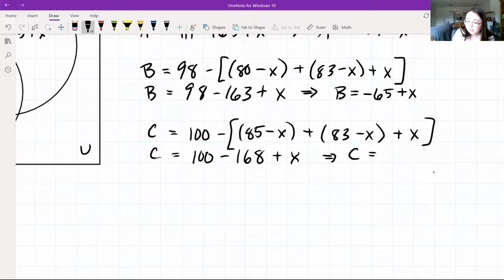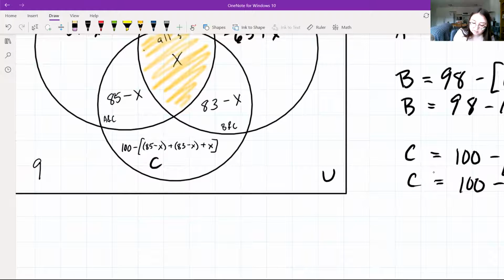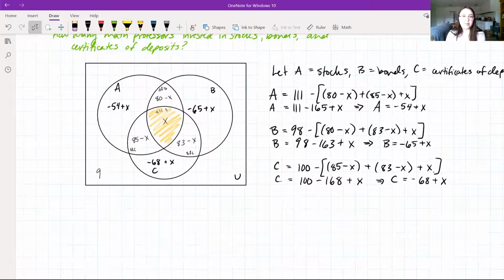So we know that C is going to equal negative 68 plus x. So now we can replace this equation as well. All right. So we've simplified down all of our equations here for A, B, and C.